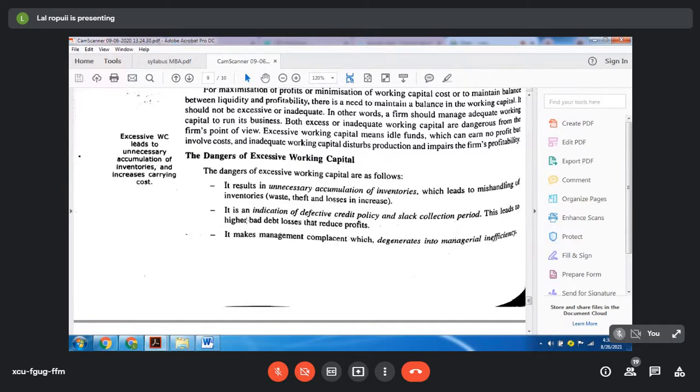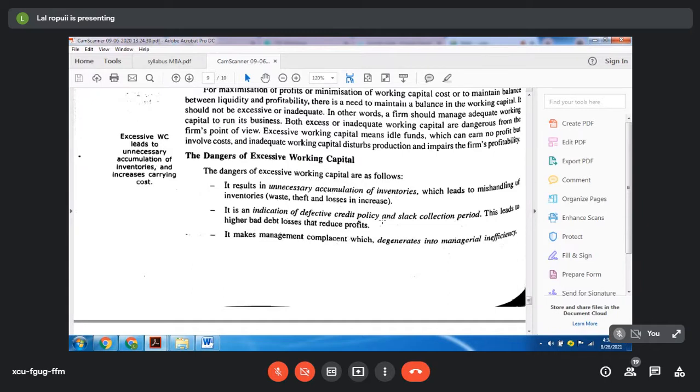Number two, it is an indication of defective credit policy, meaning the policy of the firm whether to sell their products on credit or not. If you have a pile of finished goods in your warehouse, it shows that your firm does not have an efficient credit policy to follow.